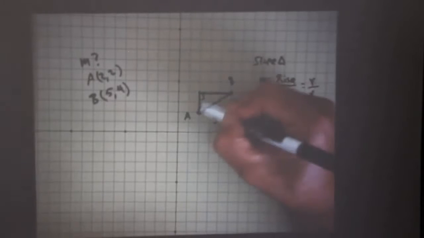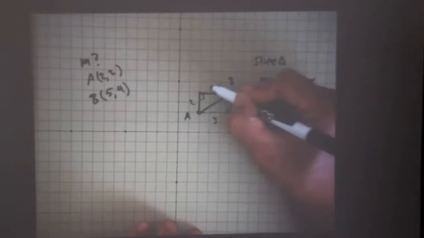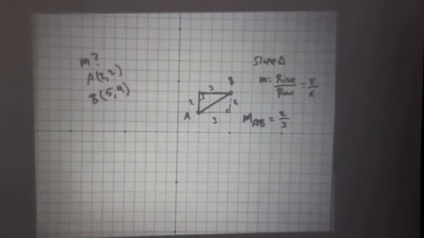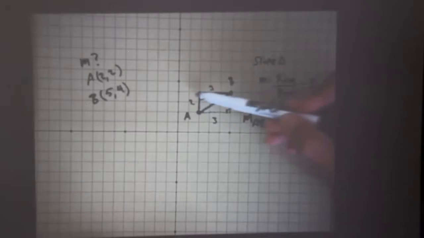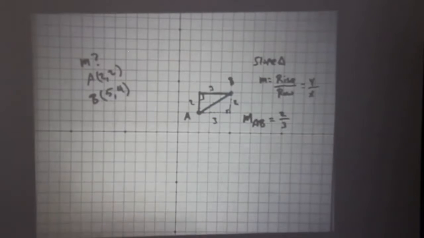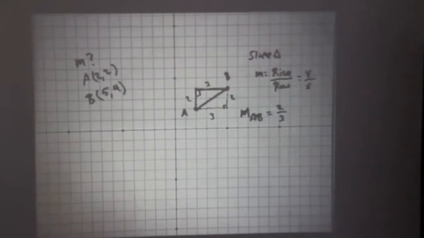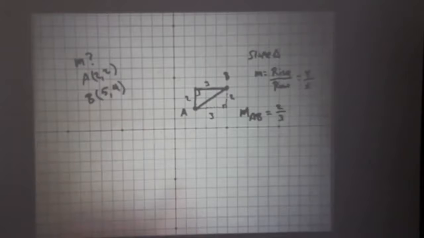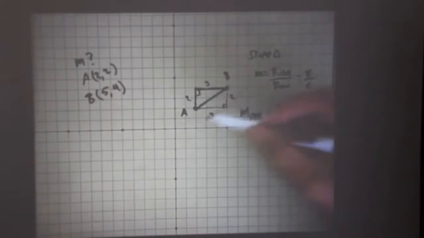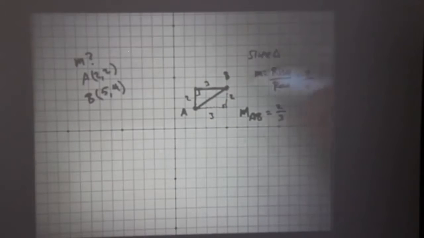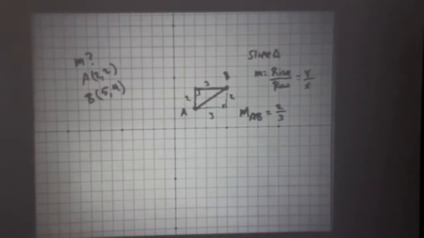You'll see the measurements are the same. This measurement is 2, this measurement is 3. And again, if I build rise over run, 2 over 3. So typically I just build it underneath the line, but it doesn't matter where you build your slope triangle, as long as you connect 2 points on the line. You can pick any 2 points on the line, really, but we always pick nice, convenient values.